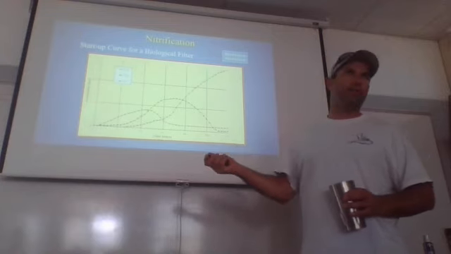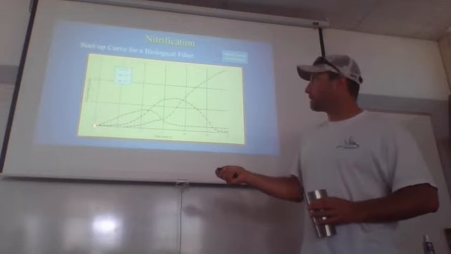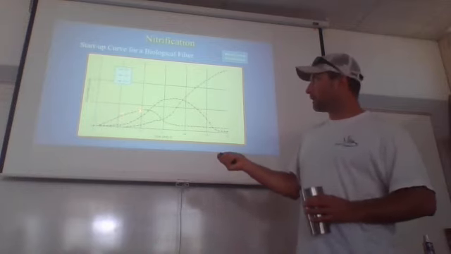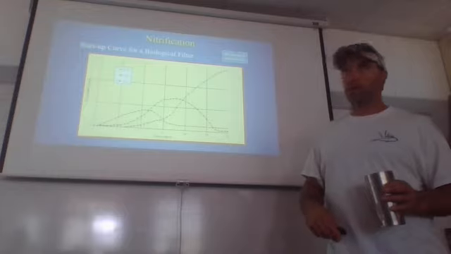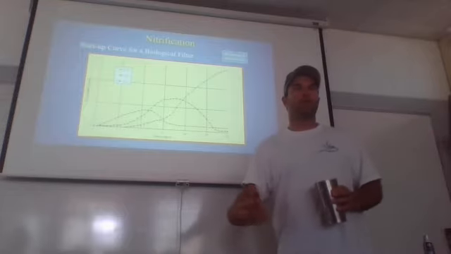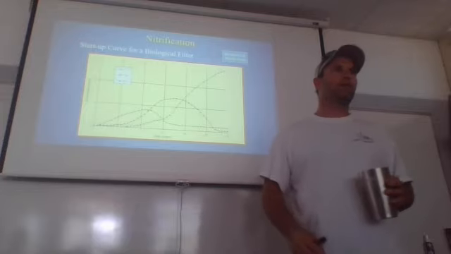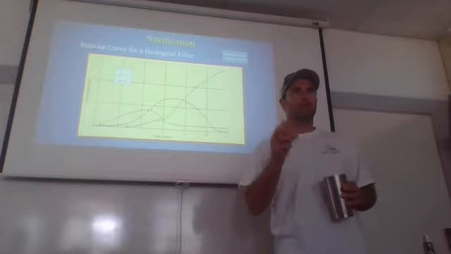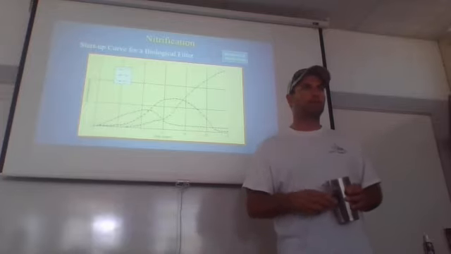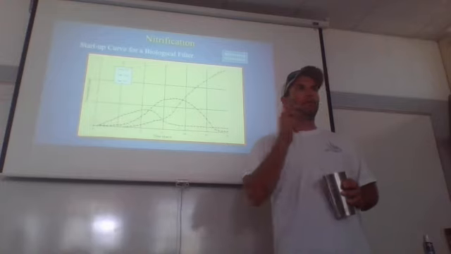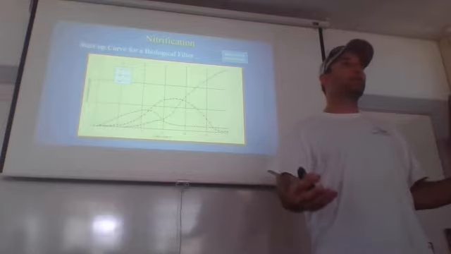But if you just added fish and started feeding them, you'd find your ammonia would slowly go up. If you put more ammonia in the water, what do you think is going to start growing on your biofilter balls? Nitrosomonas.